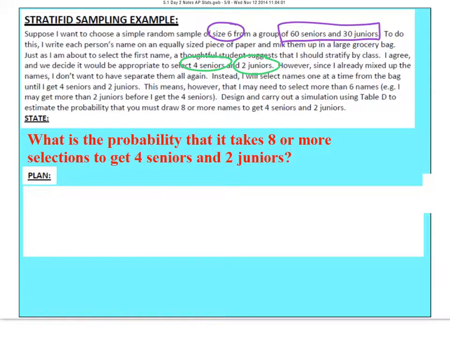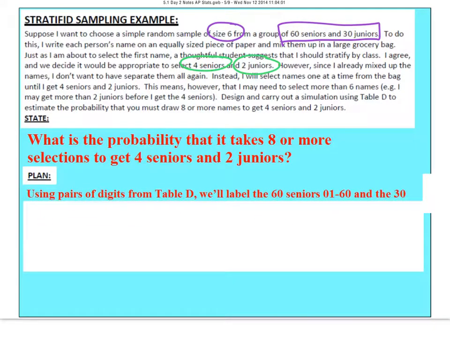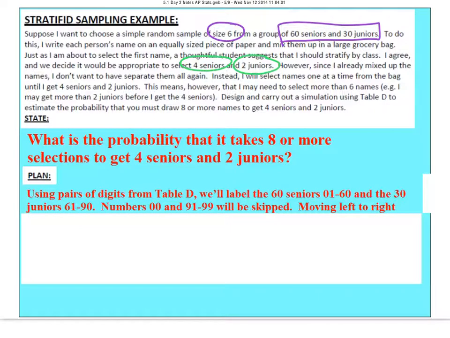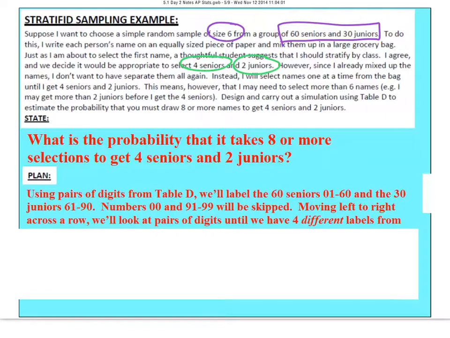So let's state this. Using pairs of digits from Table D, we will label the seniors 01 to 60 and the 30 juniors from 61 to 90. The numbers 00 and then 91 through 99 will be skipped, so we have to keep that in mind. We're going to first move left to right. Let's pick a row, across a row.